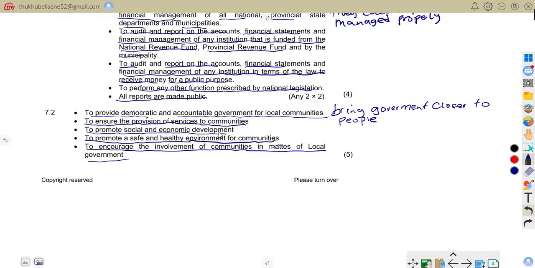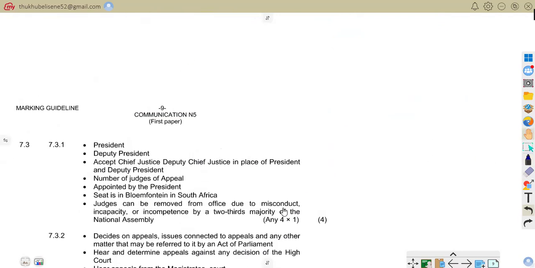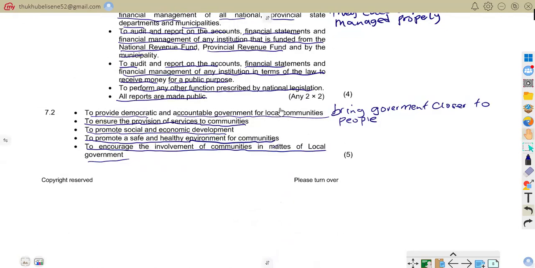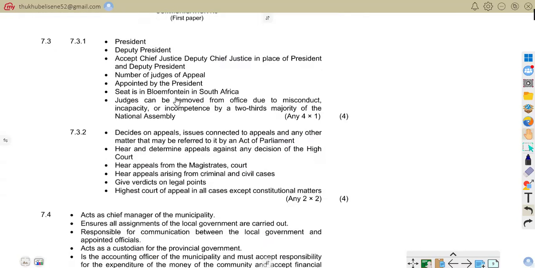Composition of the Supreme Court of Appeal. We are going to have the President, Deputy President, except Chief Justice and Deputy Chief Justice in place of President and Deputy President.